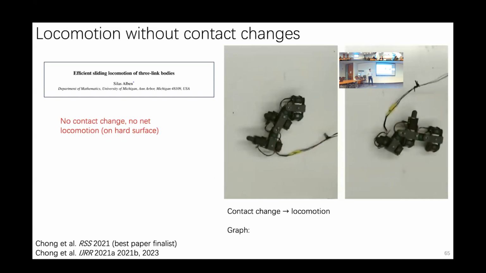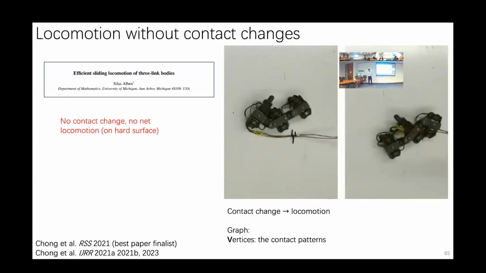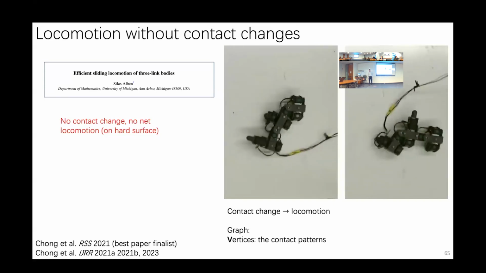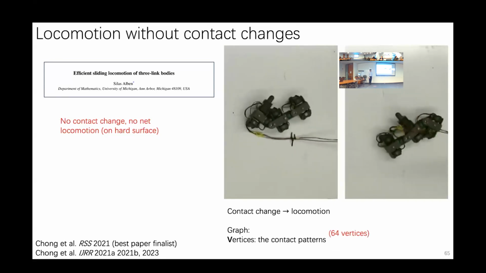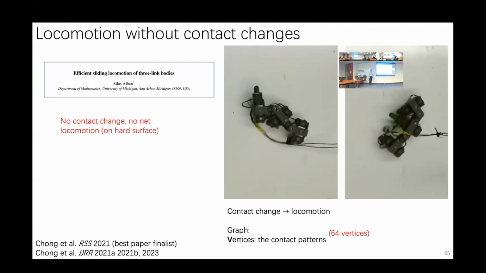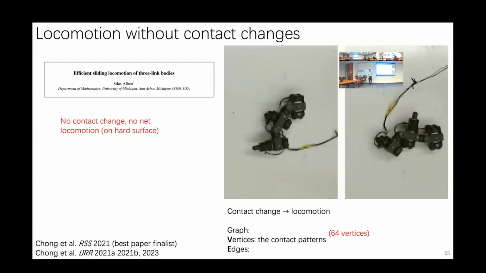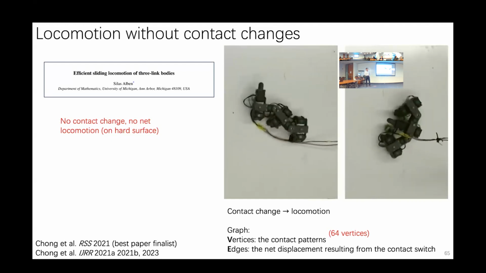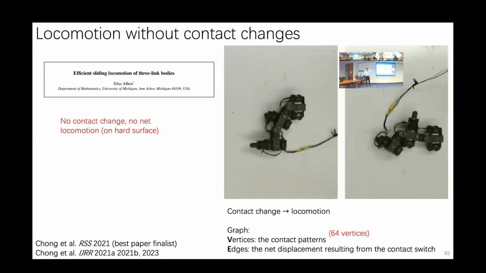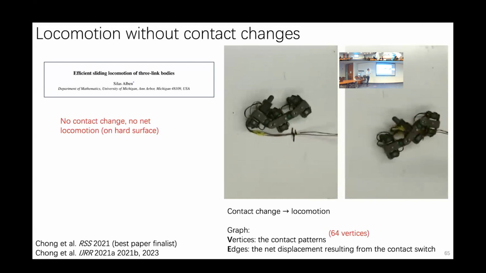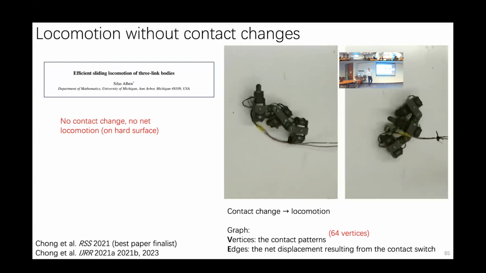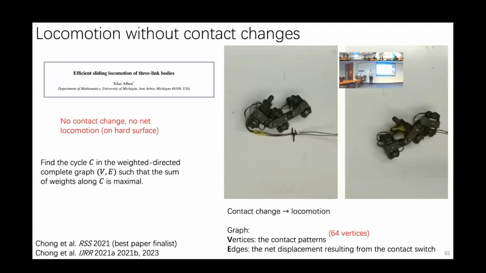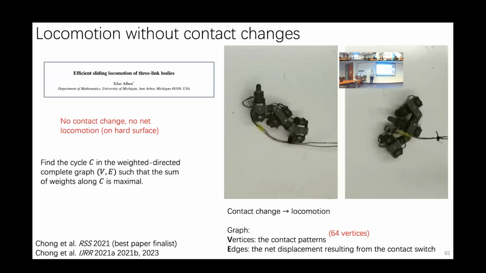We can use a graph method to define the vertices as the contact patterns. For a robot with 6 legs, the number is 64. It's not scary. We can also define the edges as the net displacement resulting from the contact switch. In this way, we can simplify this contact design problem into a well-defined problem in a discrete map, and it's solvable.